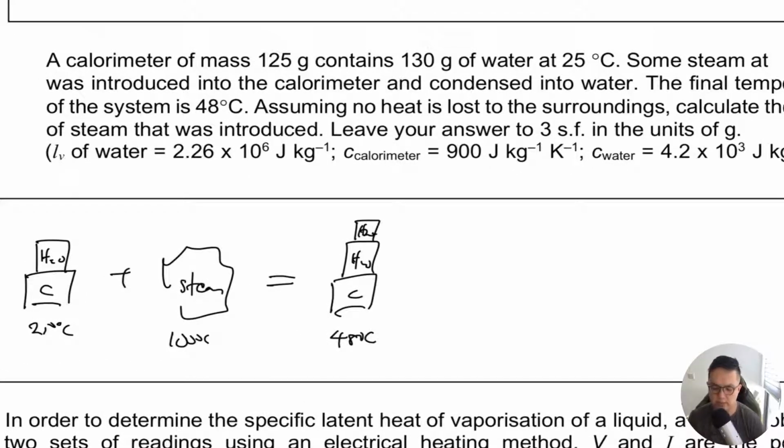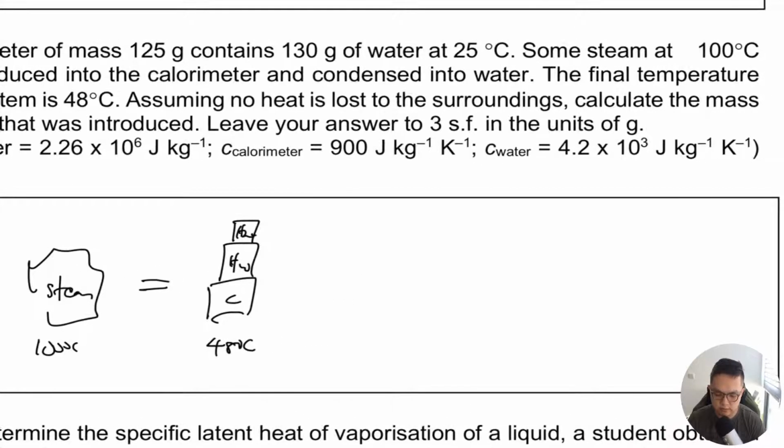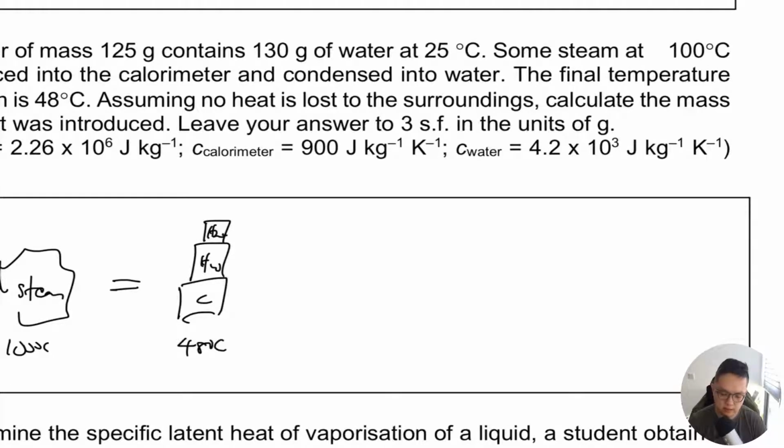Since there's no heat loss to the surroundings, that makes it very easy to do. You just need to write out the energy Q loss by steam equals the Q gain by the original water and calorimeter.